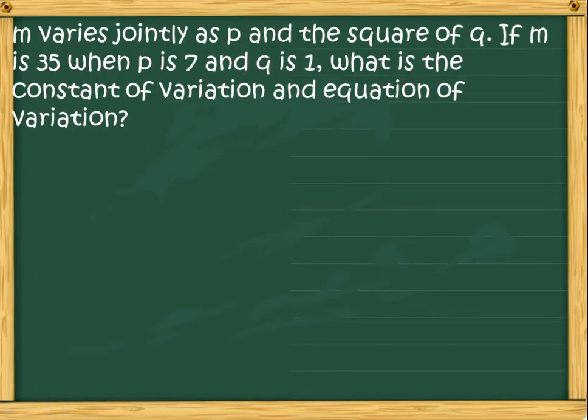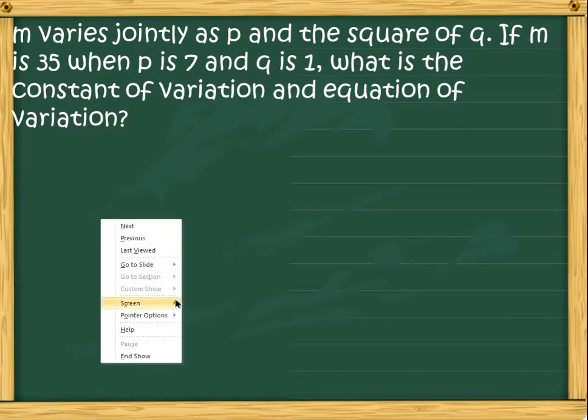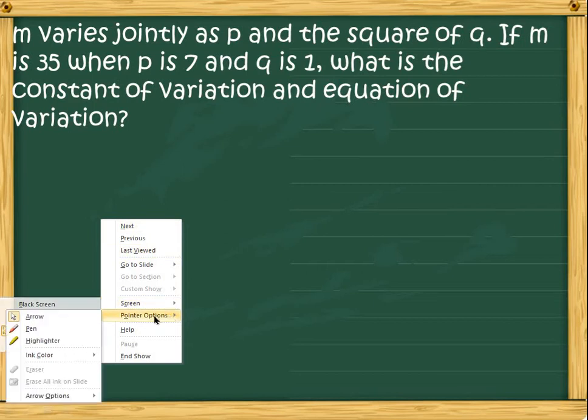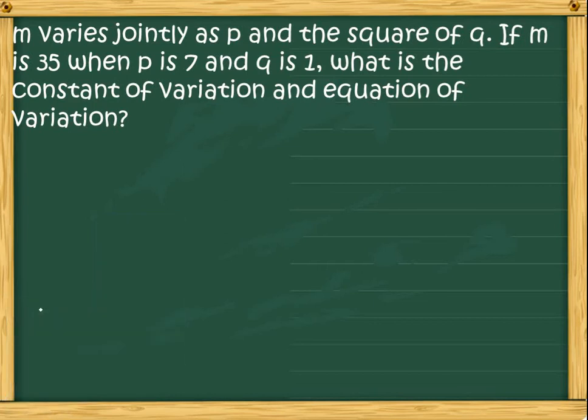Let's have another example. M varies jointly as P and the square of Q. If M is 35 when P is 7 and Q is 1, what is the constant of variation and the equation of variation? So again, dalawa yung pinapahanap sa atin, the constant of variation or K, and the equation of variation. To find that, we need to have our equation.